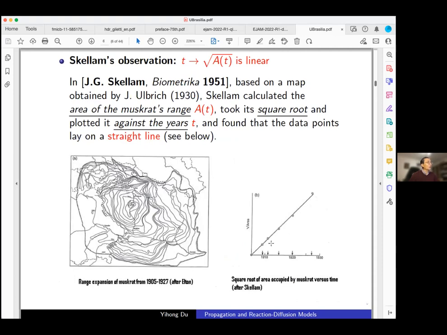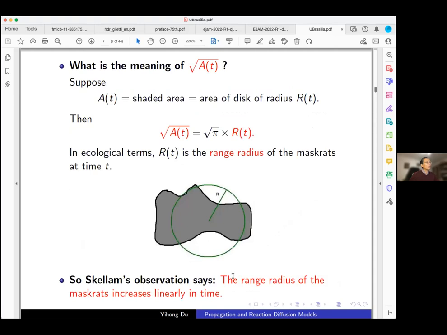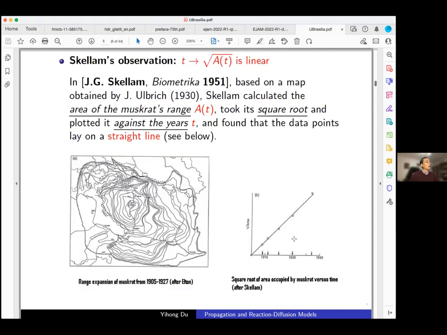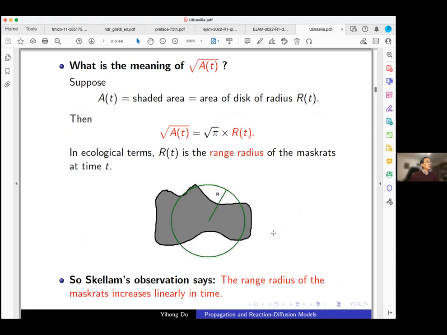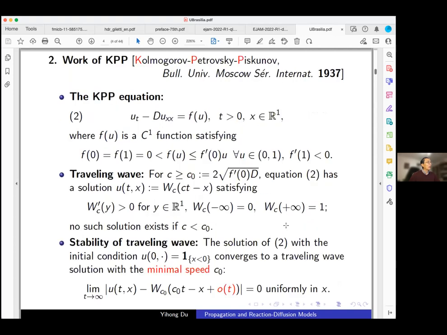And this rate of increase, well, that's the spreading speed. So the range radius increases with a constant speed c. Well, what is c? Here, of course, it is the slope. But if we relate this observation to this earlier result of Fisher and Kolmogorov, well, it all makes sense. They already claimed, using the mathematical model, that the spreading has a speed c0.